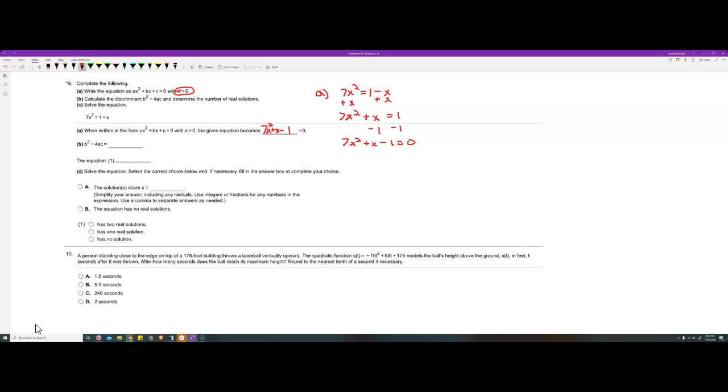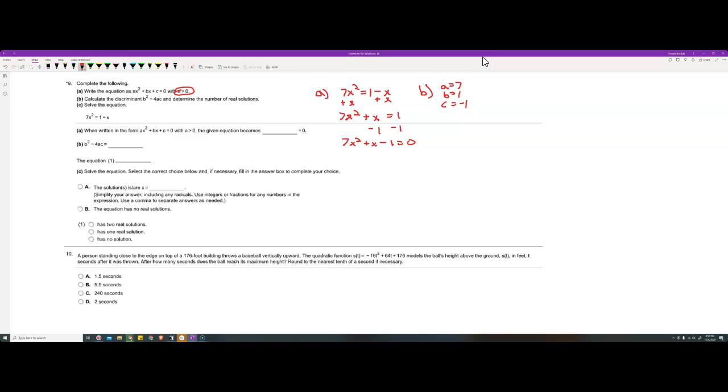All right, the second part is find the discriminant. So out of this, our a is 7, b is 1. Okay, so I'm just going to do it over here, get a little more space. So my a value is 7, my b value is 1, and c is -1.